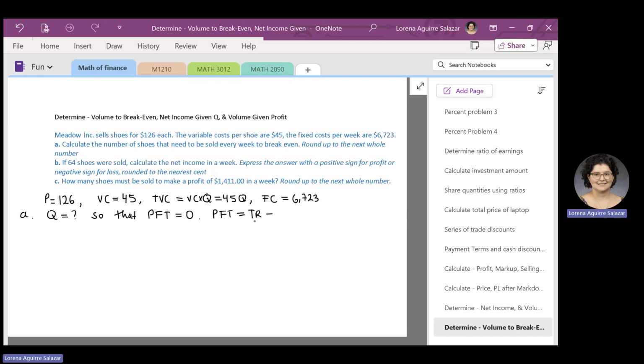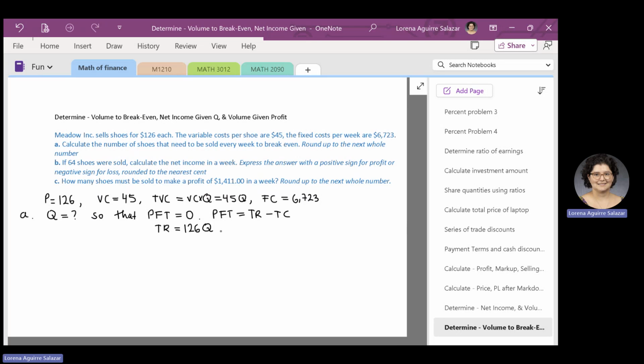Now, total revenue in turn is the amount of money received or brought into the business from the sales of the items produced and sold during the period, in this case during the week. And the total revenue is calculated by multiplying the selling price per unit at which items are sold, in this case $126, by the number of units sold. In this case we have Q. So there we have the total revenue of the business.